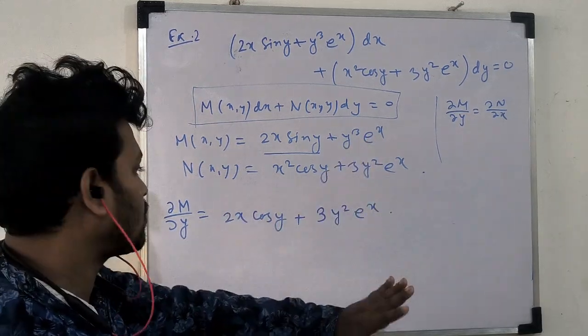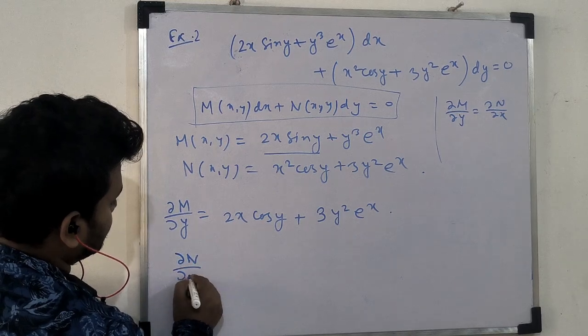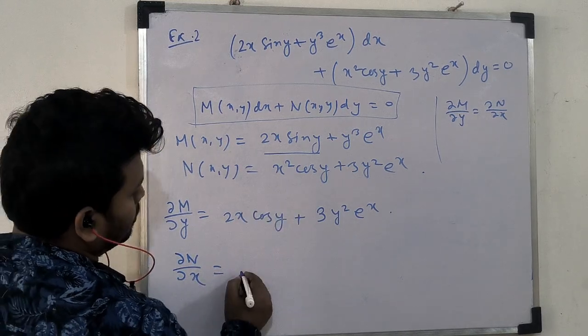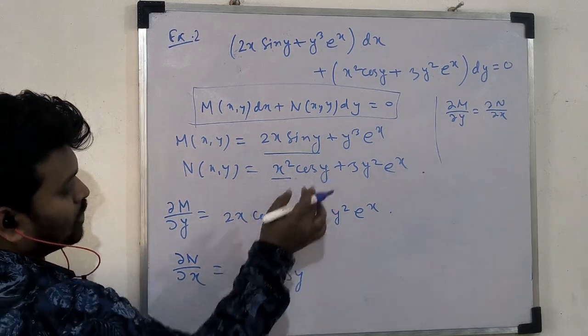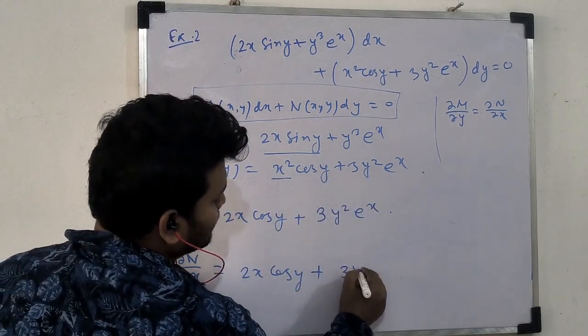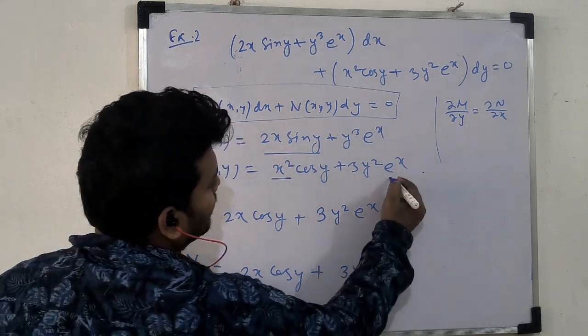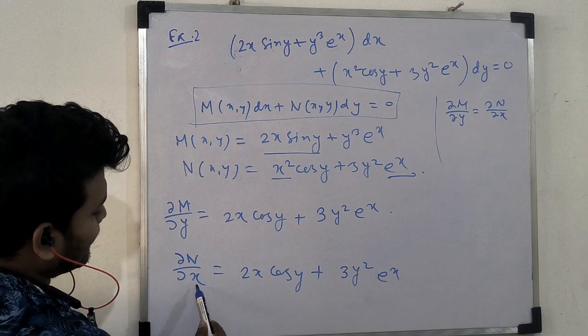and e to the power x will be constant as this is a term of x. And del N del x will be 2x cos y, as the derivative of x square is 2x and cos y is constant as this is a function of y, plus 3y square is constant as this is a function of y, and the derivative of e to the power x is e to the power x.